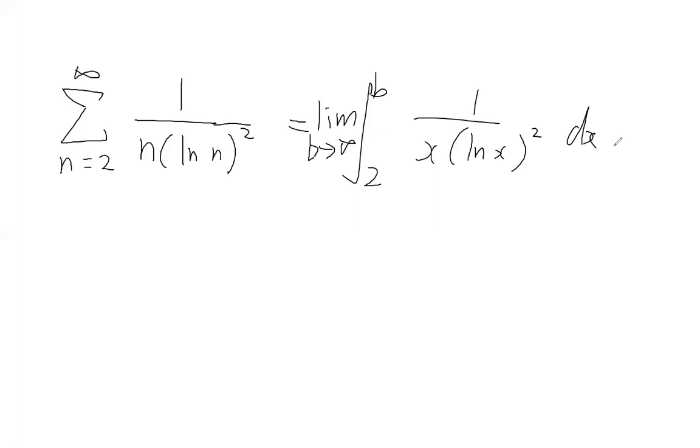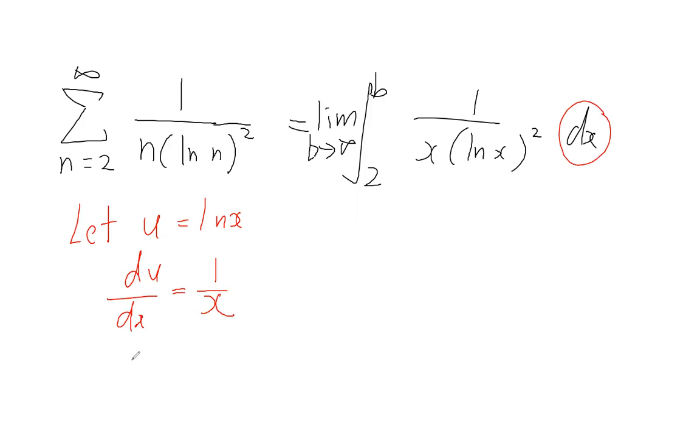All right, and you think of how to get this thing integrated. So I can let something in the bracket be a variable. Let's say I let u equal ln x. So du dx is equal to 1 over x. And I change dx into du, so dx equals x times du.